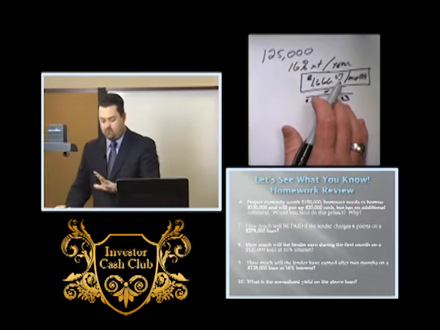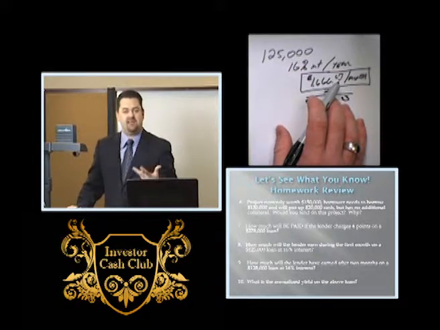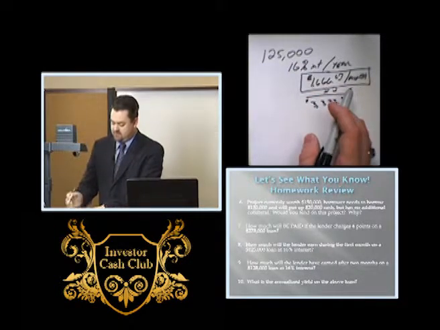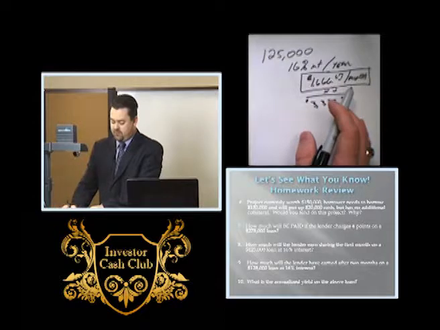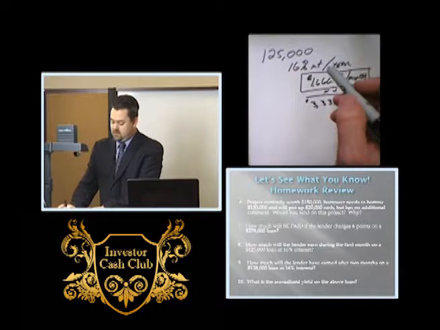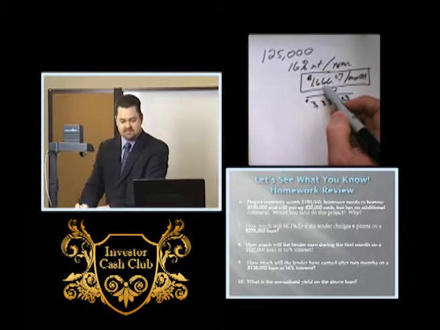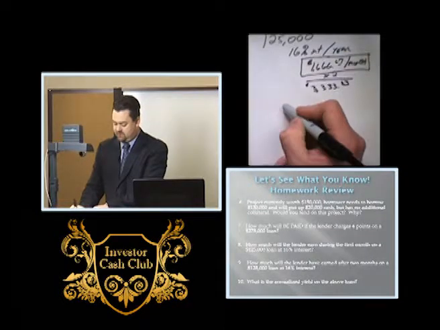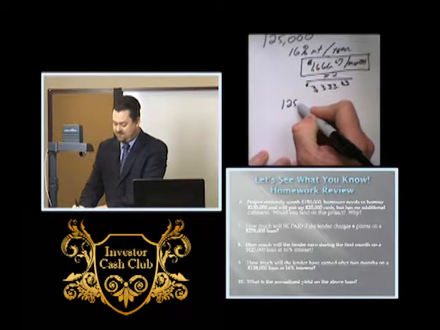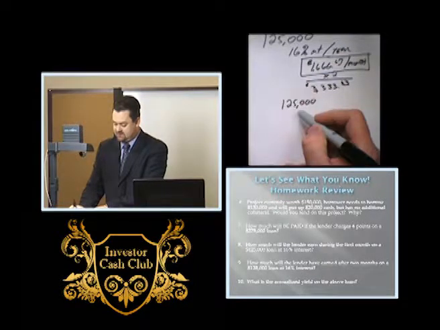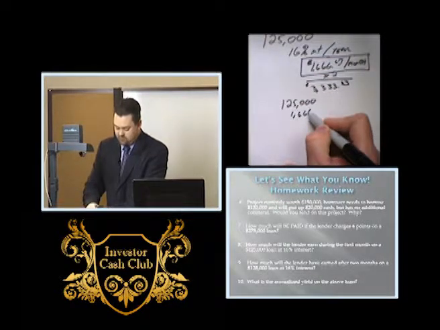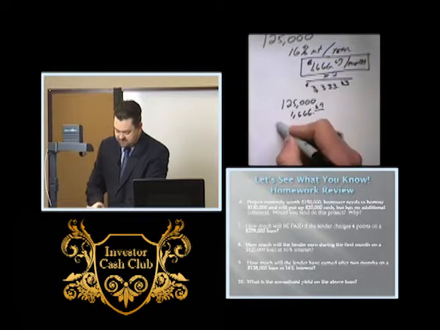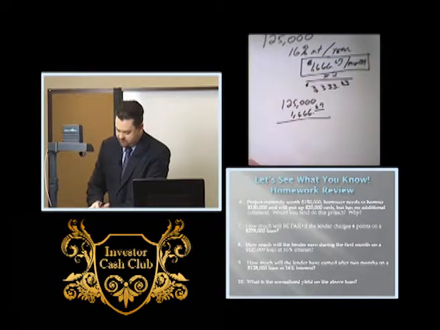Now, if you want to make more money or a higher yield on your investment, here's what you do. Rather than having the borrower make payments to you, take this monthly payment and just attach it to the principal. So the principal loan is $125,000. We're now going to add to it $1,666.67, which gives us a new principal balance that they're going to be paying interest on for the following month.